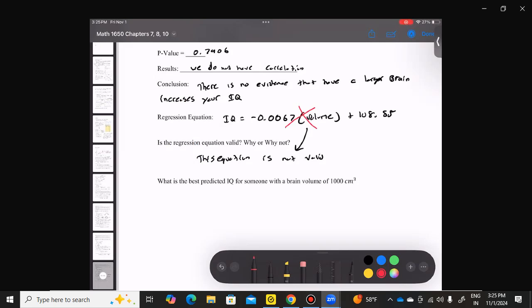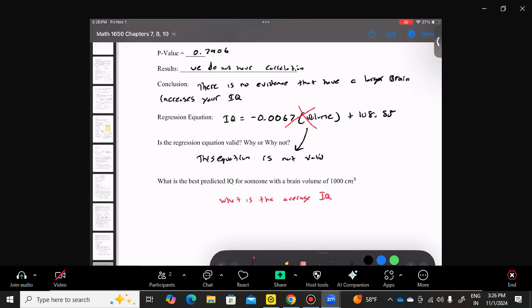So what we do to find the best predicted value for someone with a brain volume of 1,000 centimeters cubed, the only thing we can do from what we have is that we have to ask ourselves, what is the average IQ? Right.